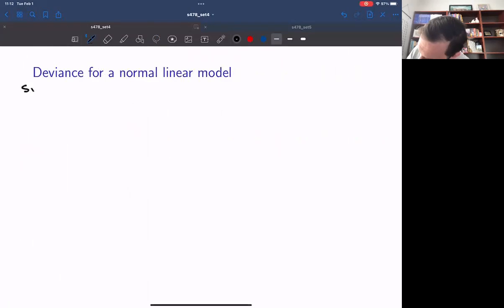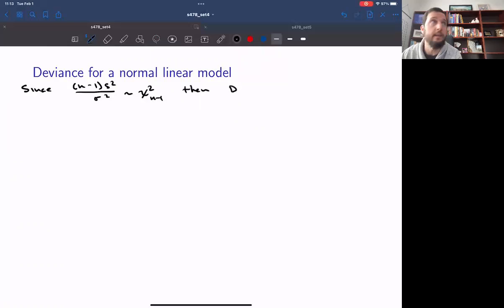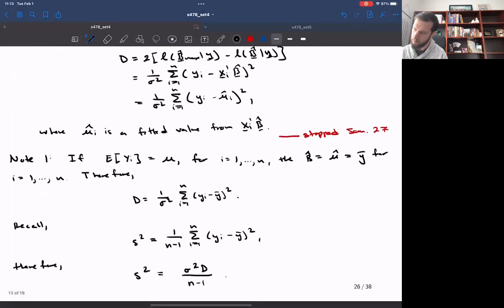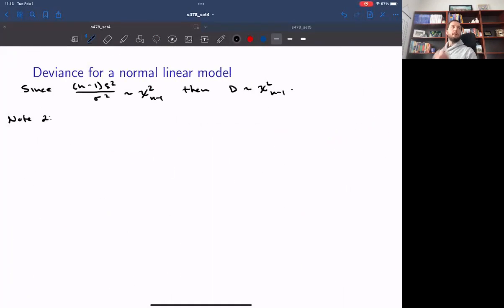And then we can say since (n minus 1) s squared over sigma squared is a chi-square on n minus 1, then D is a chi-square on n minus 1. Okay, so that's the first note. Okay, the second note.